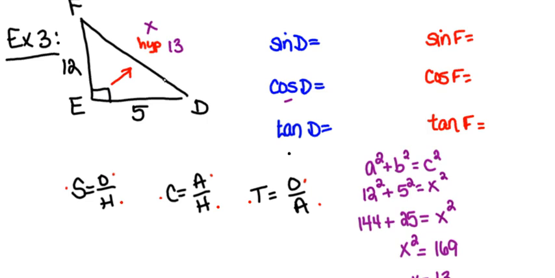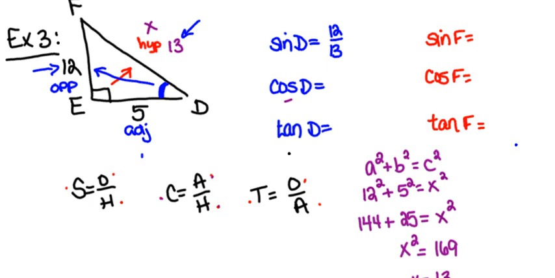If my reference angle is angle D, then my opposite is 12 and my adjacent is 5. So sine of angle D is opposite 12 over hypotenuse 13. Cosine of angle D. Well, cosine is adjacent over hypotenuse.